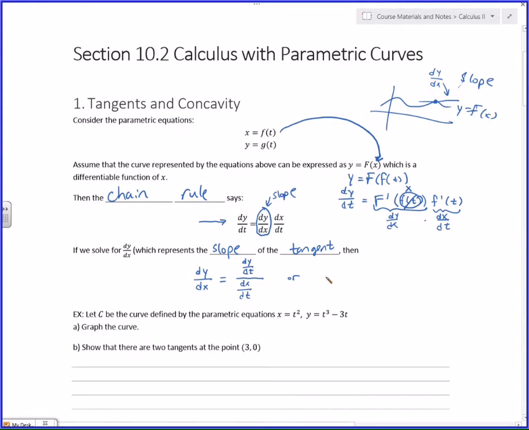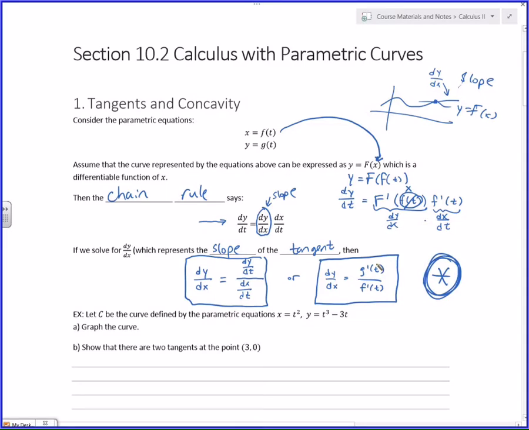Or dy dx is g prime of t over f prime of t. This is what I remember, but either one of these will work as long as you keep track of which one is the y function, which one is the x function. So you take the derivative of y with respect to t over the derivative of x with respect to t, and that will give you the slope of the tangent line. dy dx is dy dt over dx dt.